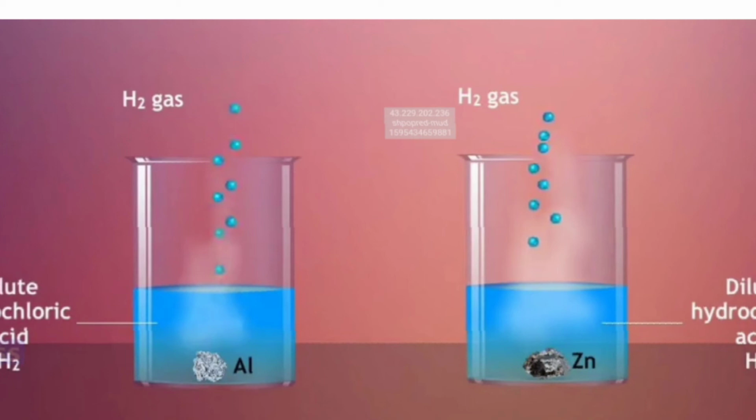But the reaction of aluminium metal takes place faster than that of zinc metal. So here the nature of the metal is responsible for the difference. The reaction will be faster when aluminium is there. So it depends upon the nature.